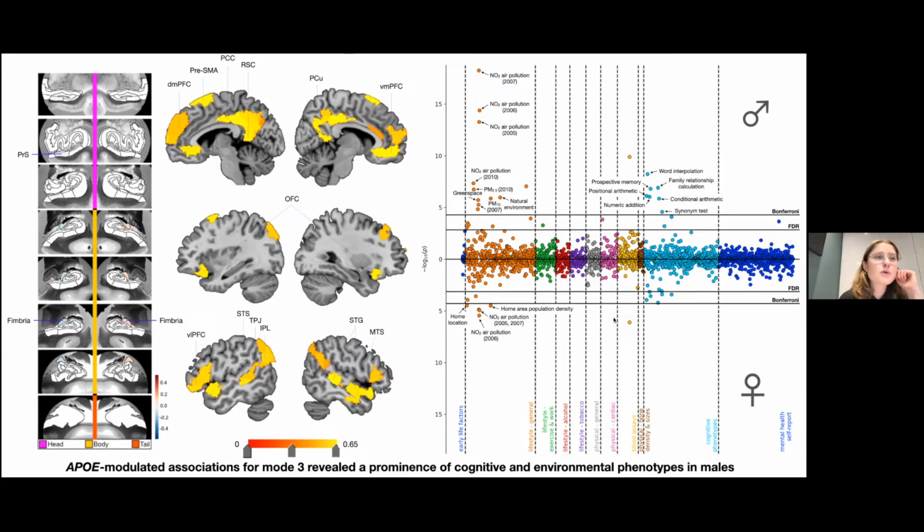In females, we have some environmental factors as well, but to a lesser extent than in males and with smaller p-values, so a less robust association. Same for cognitive hits. Here we see them in males, they cross the Bonferroni multiple comparison threshold, but they do not in females.